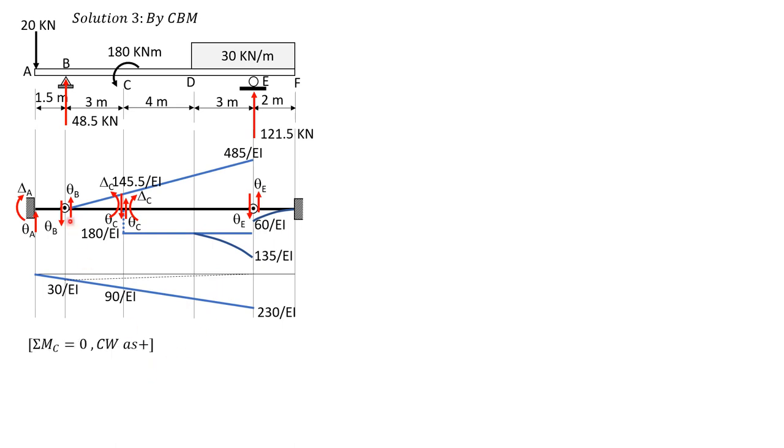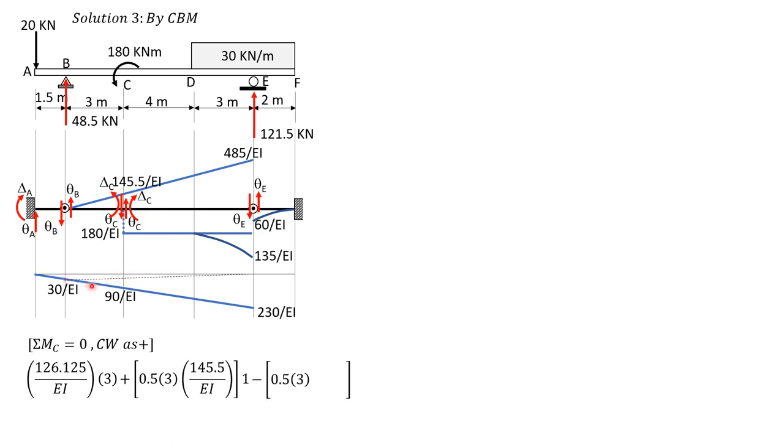Clockwise positive, so we have theta B 126.125 over EI times 3, then plus 0.5 of 3 times 145.5 over EI times 1, because we sum up moment about C. Then we divide this trapezoid into two triangles. Let's consider first the small triangle. Minus 0.5 of 3 times 30 over EI, then times 2. The moment arm is 2, 2/3 of 3 is 2.